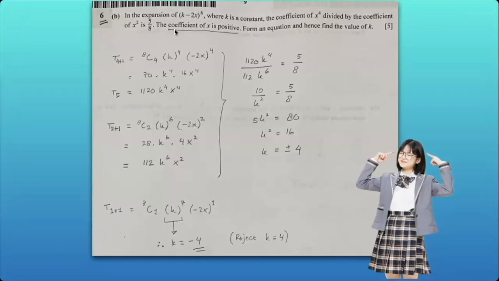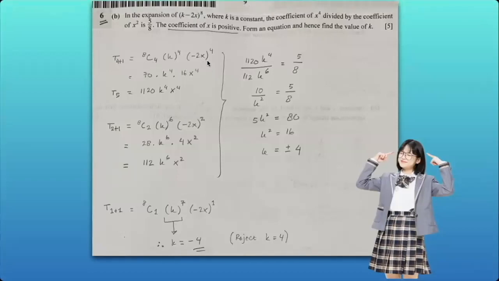And note that the coefficient of x is positive. We are asked to form an equation and hence find the value of k. Right, so we want the coefficient of x to the power of 4 from the expansion of this binomial expression to the power of 8.